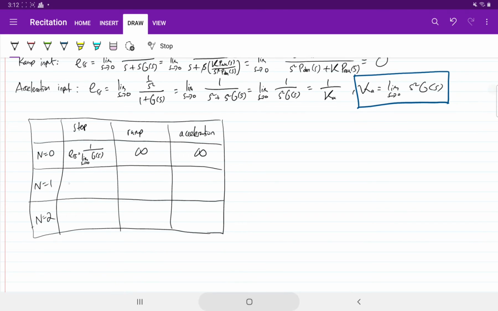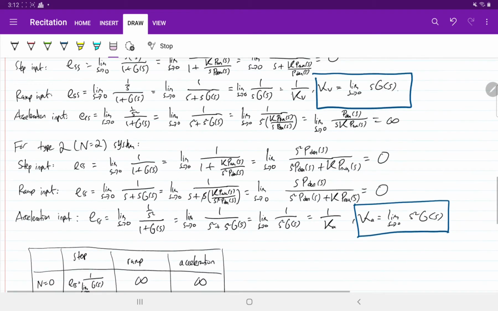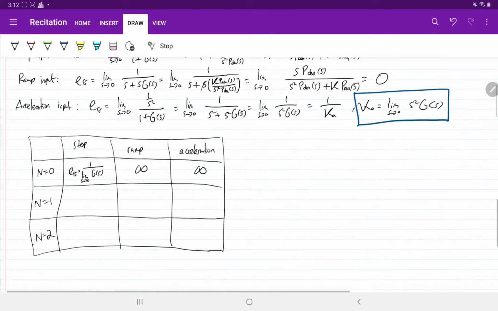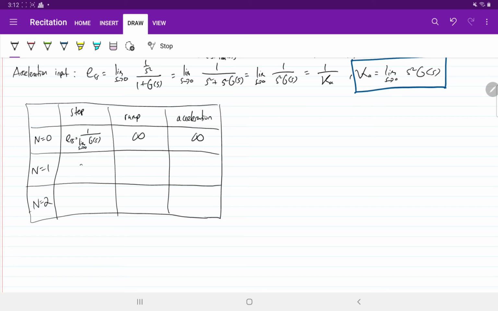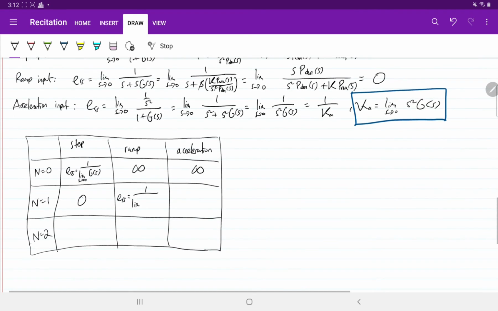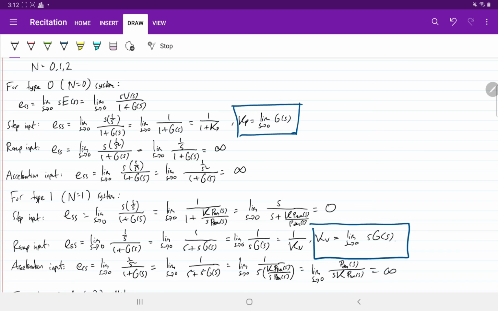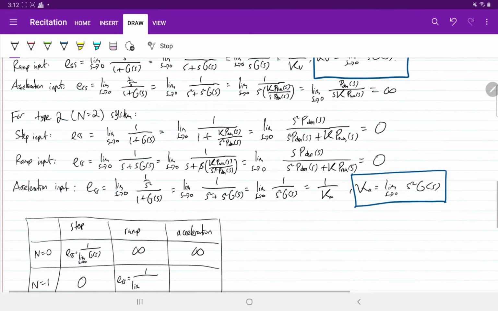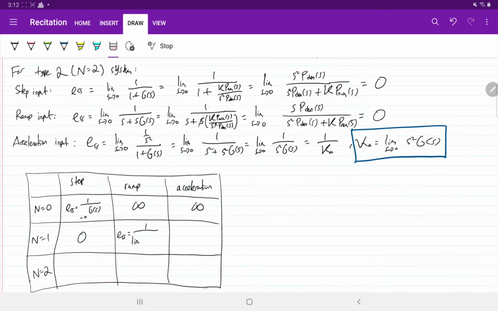For a type 1 system, the steady state error with step input is 0, and the steady state error for ramp input is 1 over the limit as s goes to 0 of s times G of s.